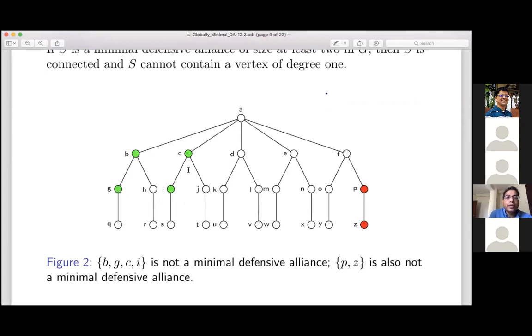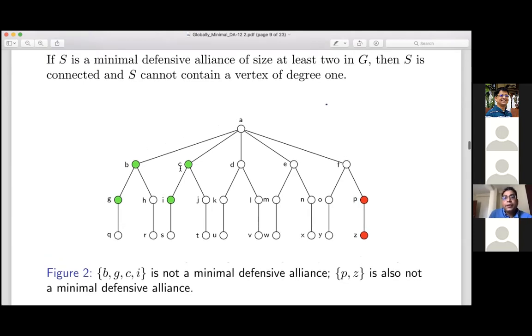G is also protected. Everyone is protected, but this is not a minimal defensive alliance because a proper subset of this one is also a defensive alliance, because BG is also a defensive alliance. So BCGI does not form a minimal defensive alliance, right? So the subgraph induced by the elements of S must be connected.